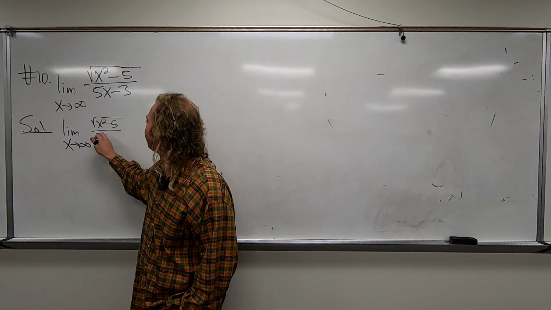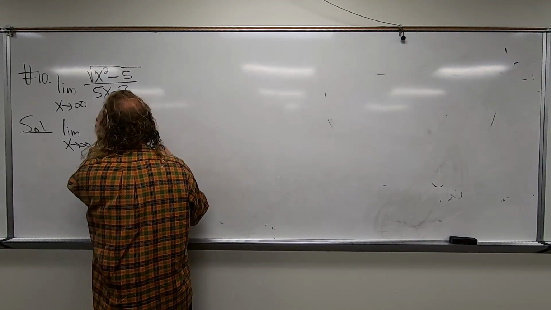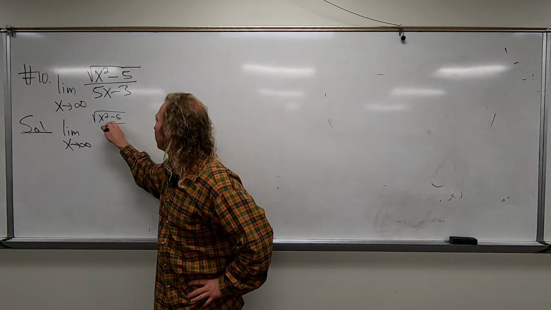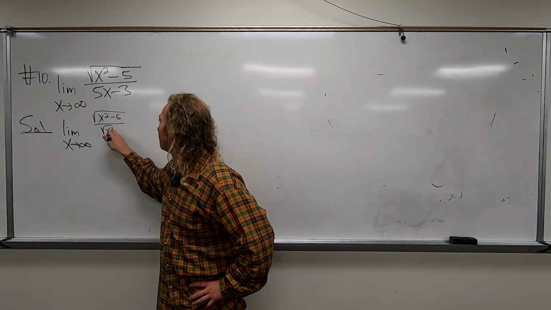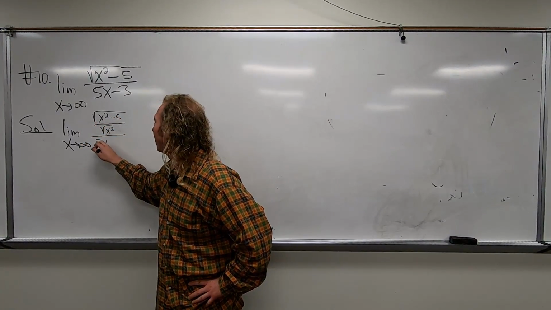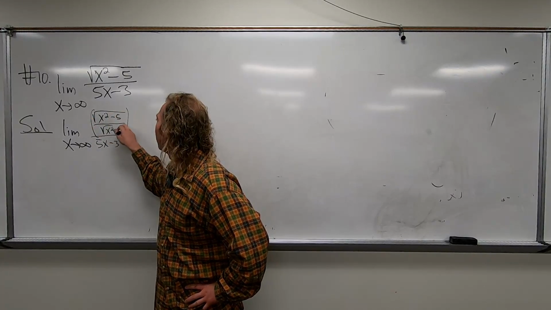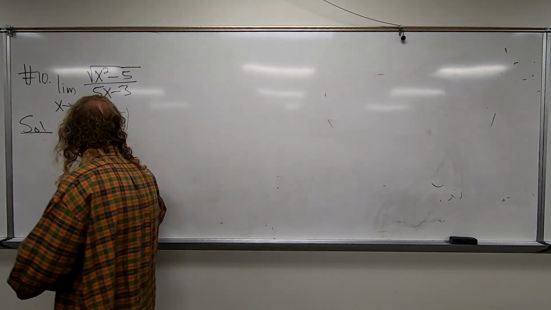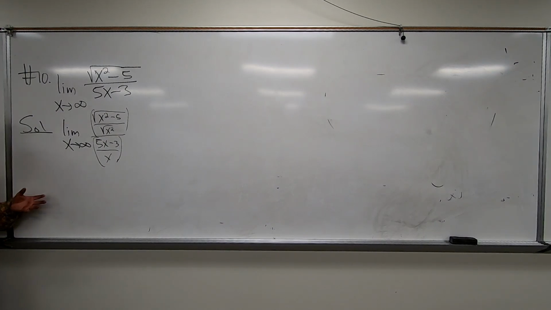So basically, I'm just going to skip the steps. In the numerator, you want to divide by the square root of x squared. And in the denominator, you want to divide by x. The reason you can do this, let me explain because I just jumped into it, is that, as before, the square root of x squared is equal to the absolute value of x, and that's equal to a piecewise function.